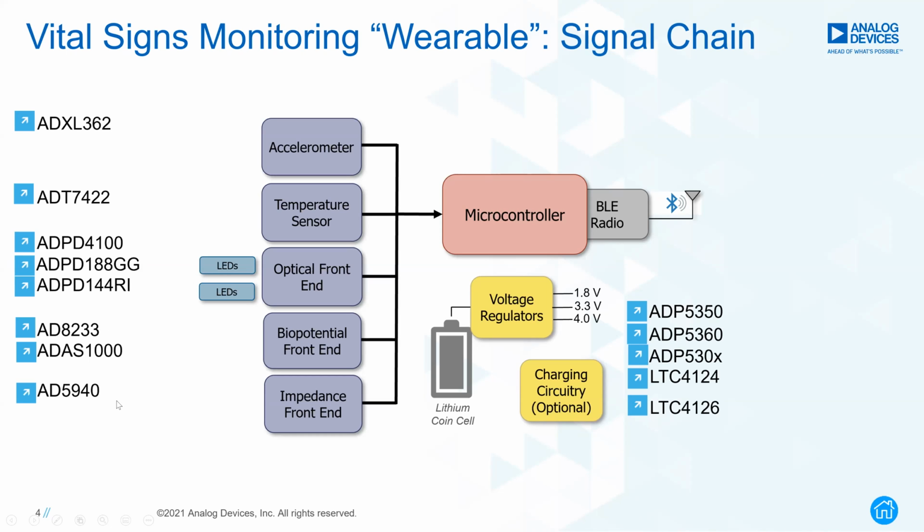AD5940 is the impedance front end, which monitors impedance, and you can measure the skin impedance, or probably use the impedance and many other parameters to do a health measurement or a stress measurement of the person. On the power side, we have ultra low power buck regulators, 5350, 6041, 24, which is a wireless lithium ion charger with a low power, low battery disconnect feature as well.